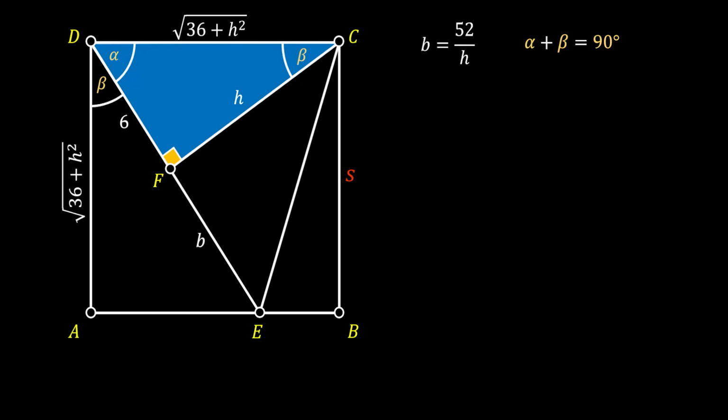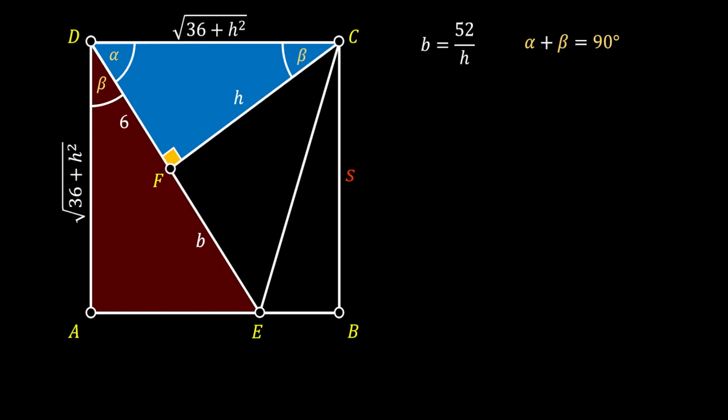Now, if you take a look at the red triangle from our draft, the triangle AED, this is also a right-angled triangle. And this means that the remaining angle at the point E must be angle alpha once again. Those two triangles, the red and the blue one, are actually similar triangles, since both of them share the same interior angles.